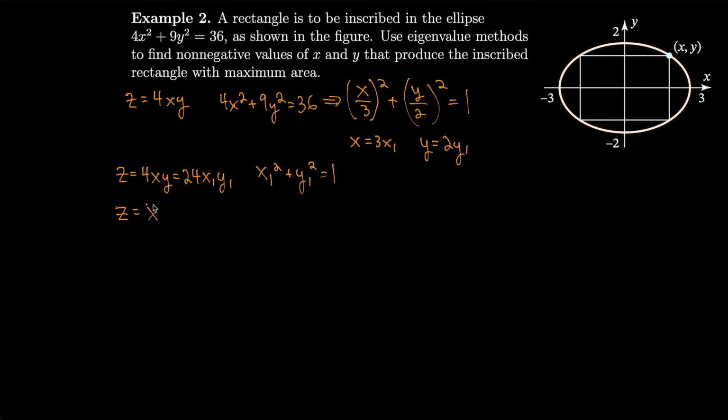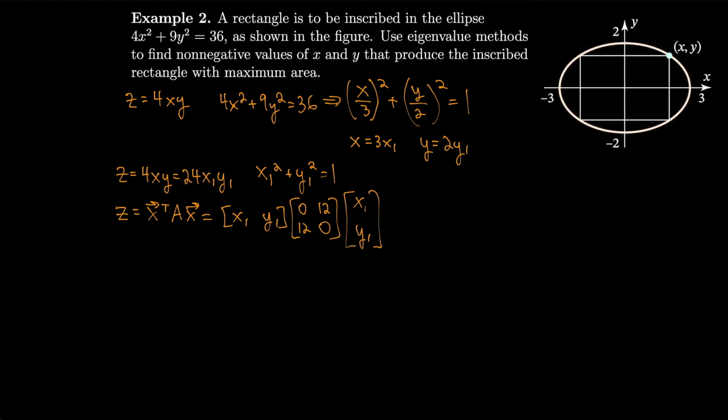So to that end, let's look at z equals x transpose Ax in matrix form. So that would be x1 y1 times, we don't have any square terms, that's great, and we have 24, which splits into 12 and 12, and that multiplies by x1 y1.